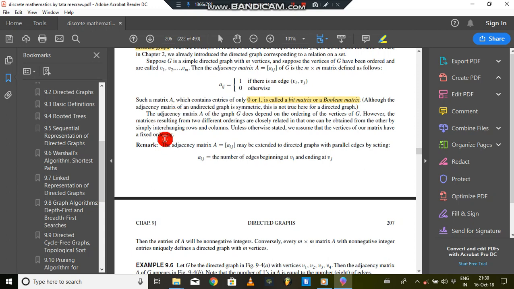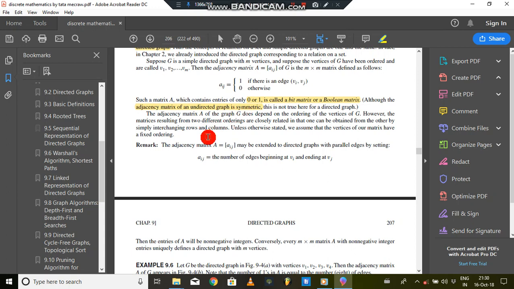The adjacency matrix of an undirected graph is symmetric. Remember this. That is not true for a directed graph.